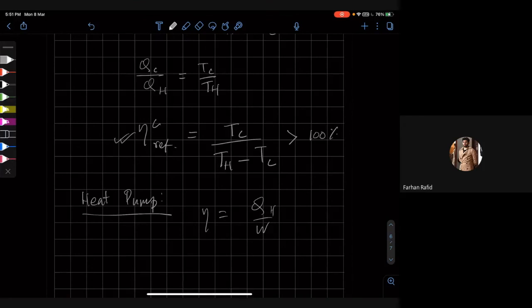You said this is only for the ideal engine. Yes, it is for the ideal engine. If it weren't so, I'm not sure how that would be changed. I would have to think about it. If there's friction involved, then it'll change, but I'm not sure exactly how.